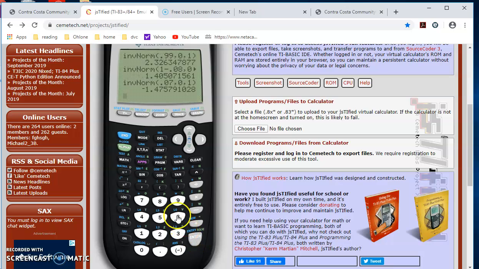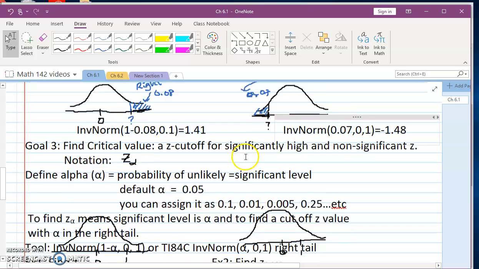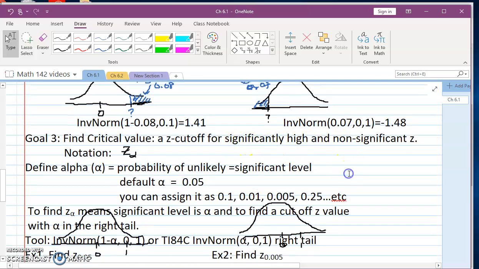And that's negative 1.48. So go back and write negative 1.48. The z is obviously on the negative side because it's below 0. In a z-score curve, the middle is zero, and it is below 0, so it's negative.